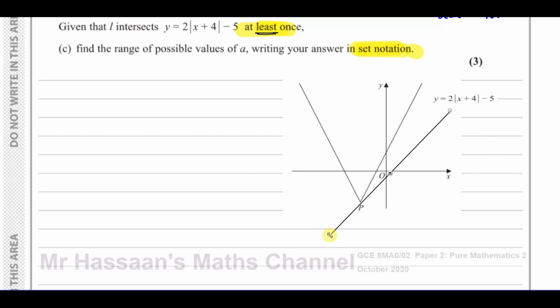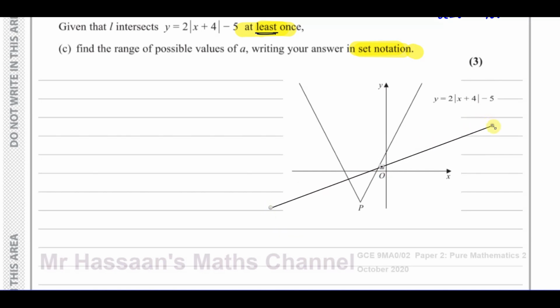Now, if the line has a gradient which is more than this, this is one of the limits where we'll intersect. If it's got a gradient which is shallow, it's going to cut it in two places like this.